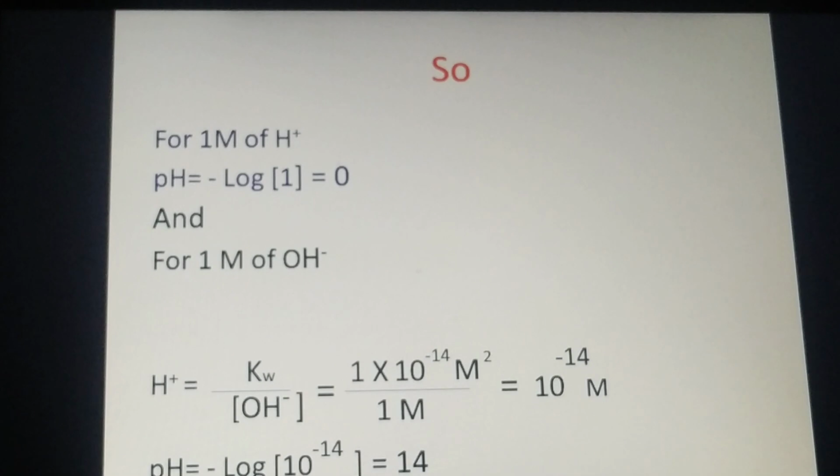As the ionic mobility of H positive and OH negative is higher than any other ions, that's why the values of pH fall between 0 to 14.